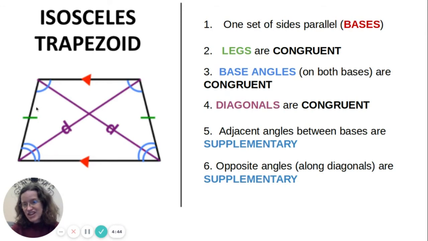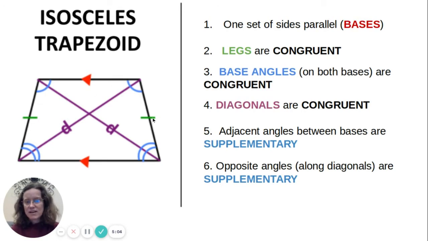So we had these adjacent ones were supplementary, but since top angle 1 and top angle 2 are congruent, I could use the transitive property, and now this bottom angle must be supplementary to this guy. So the bottom angles are supplementary to both of the top angles.